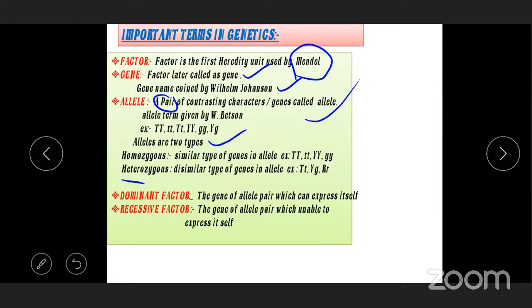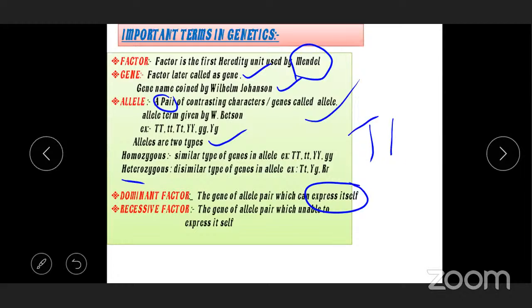Dominant factor and recessive factor. The gene of an allele pair which can express itself is the dominant factor. Dominant means expressing outside, so the character which is visible outside is known as dominant. In an allele, two genes are present.